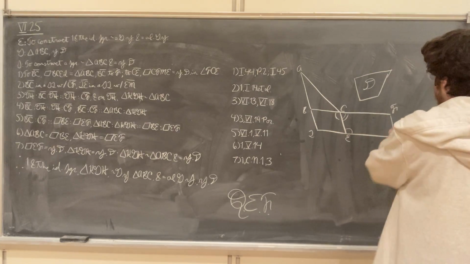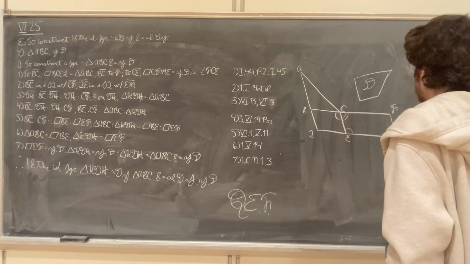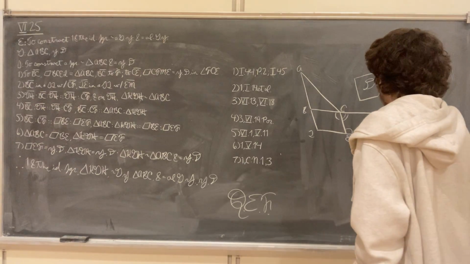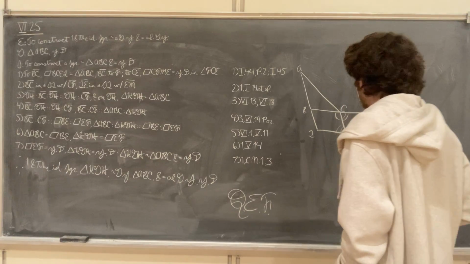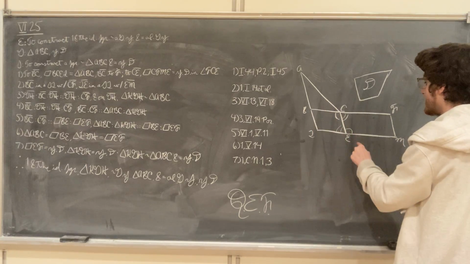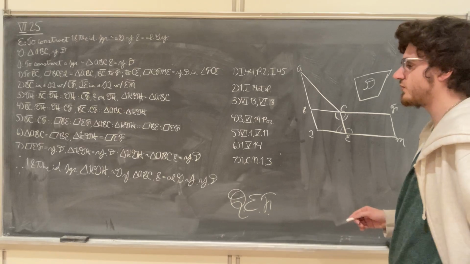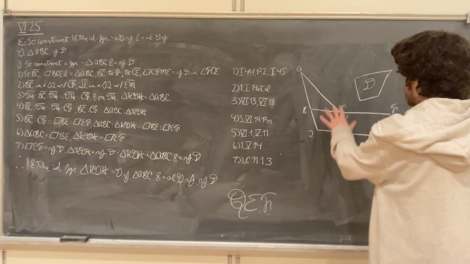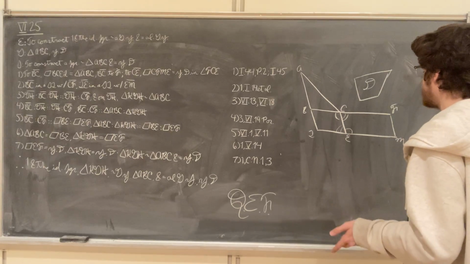And likewise, because CF is parallel to LE, then again it follows by proposition 1.29 that the angle FCE is equal to its alternate angle CEL. But these two angles together, BCE plus FCE, add up to two right angles, again by proposition 1.13, which means that these two angles down here, which are equal to them, must also add up to two right angles.